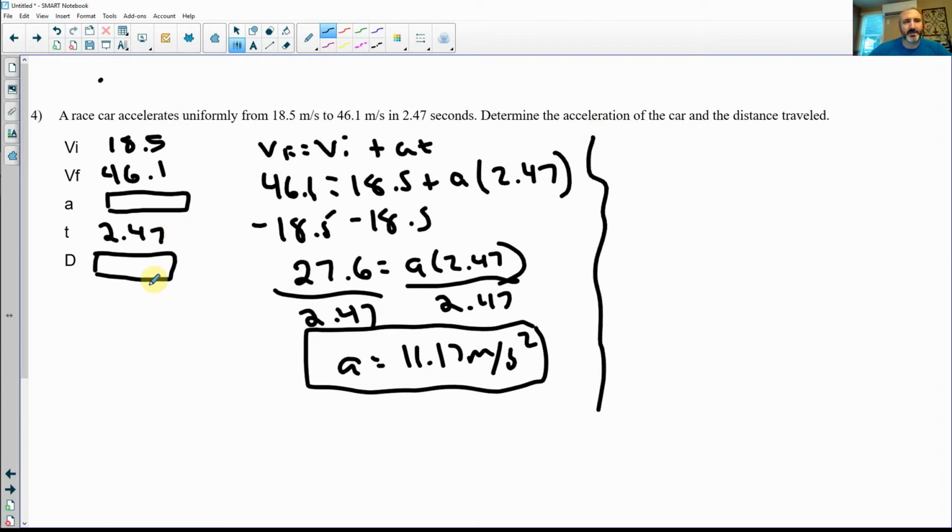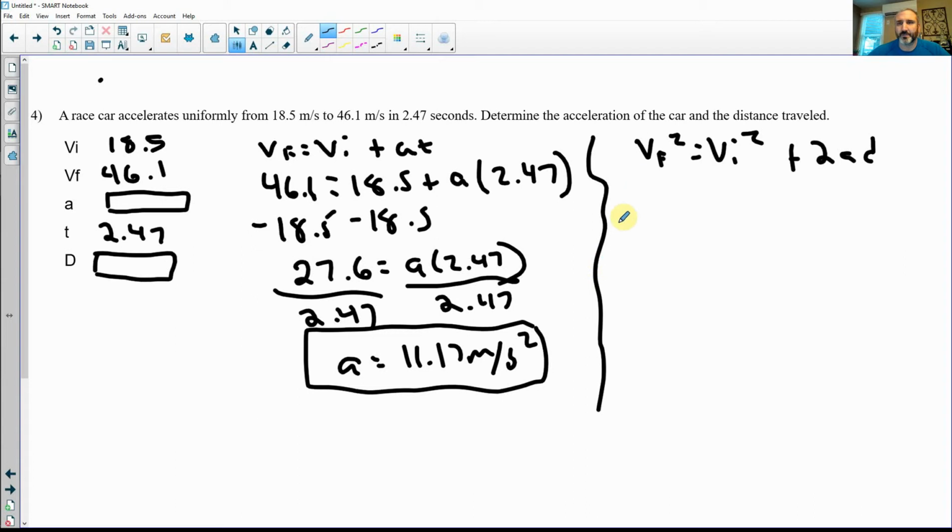I don't usually advocate for doing this, but we solved for the acceleration, and I actually trust that we did it correctly. So I think the best equation to actually use is going to be VF squared equals VI squared plus 2AD.